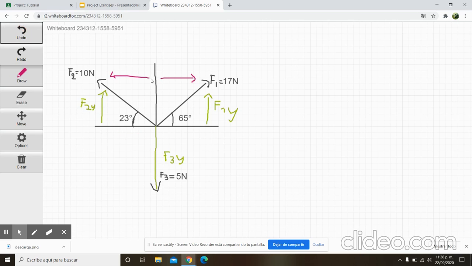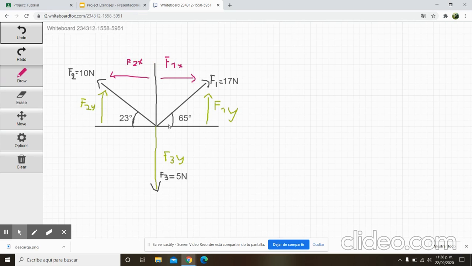We're going to stay with only these two. Now we're going to name them, for example, force 1x and force 2x.